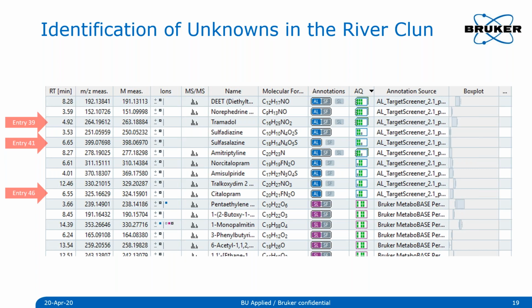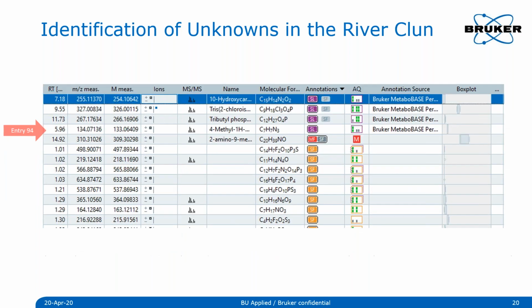Entry number 41 is sulfasalazine. It's an anti-inflammatory drug often used for treatment of arthritis. And another example, entry number 46, is citalopram. That's actually an antidepressant sold under the brand name Celexa, among others. And obviously, the table goes on.